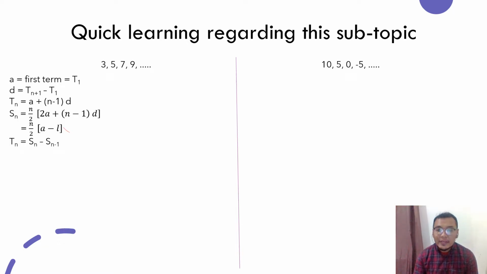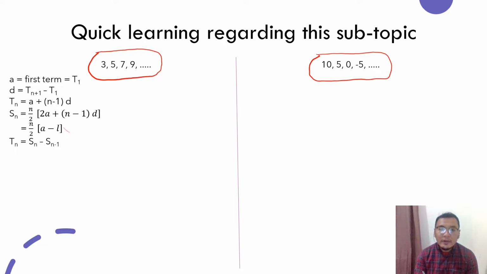Just a quick learning regarding this topic. Here we have two sequences. The first one is 3, 5, 7, and 9, and many more. The second one is 10, 5, 0, -5, and many more.